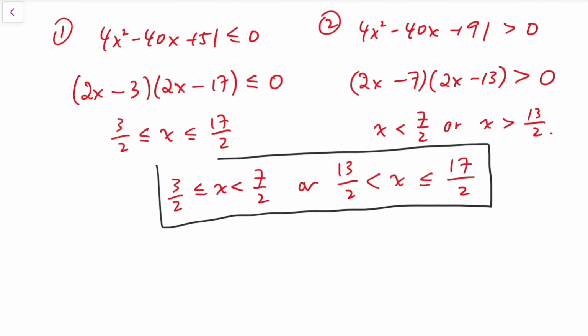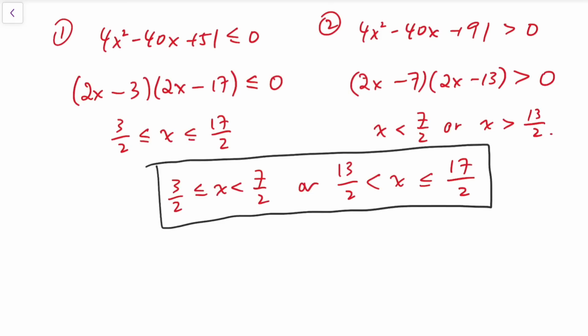Now from this range, we know that there are very few possibilities for the floor function of x. For the first possible range, since x can be 1.5 or some number between 1.5 and 2, the floor function of x can be 1.